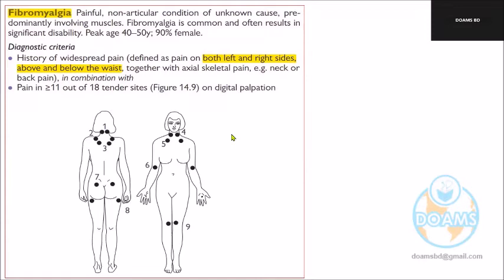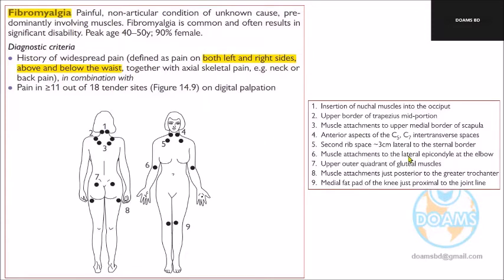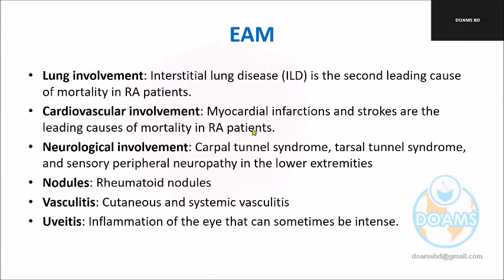This is the basic concept, and this is the list of the tender points. There are 9 tender point areas mentioned here. Okay, pain in 11 out of 18 tender sites, but the anatomical locations are 9. They are bilateral, so the list is 9, but the points will be 18. That is fibromyalgia.